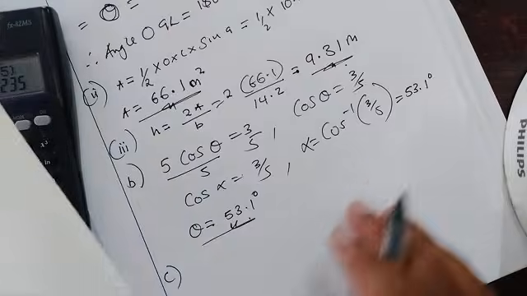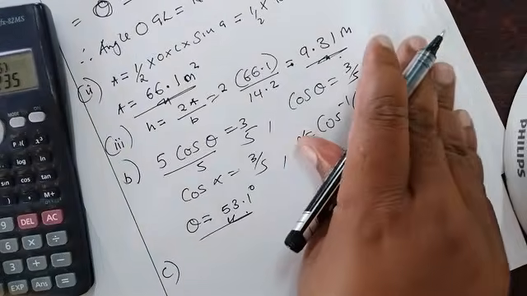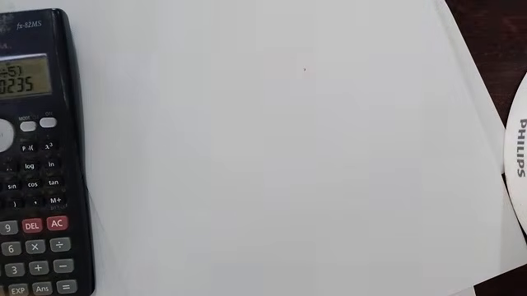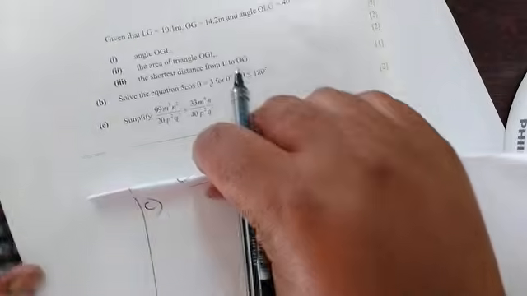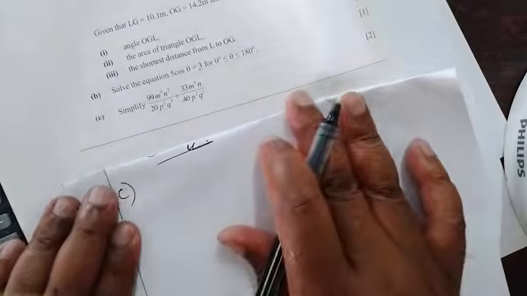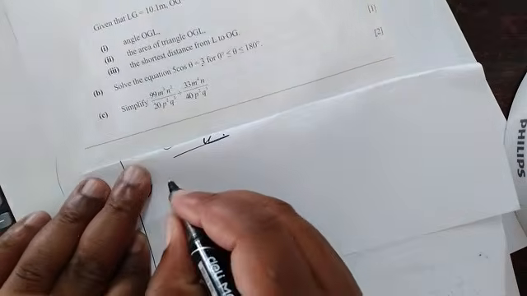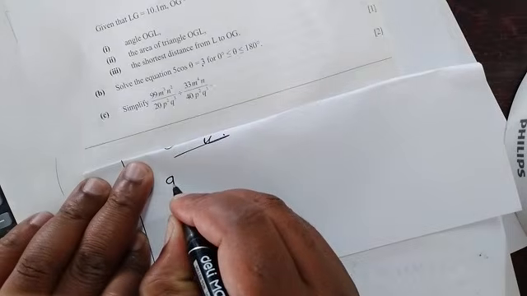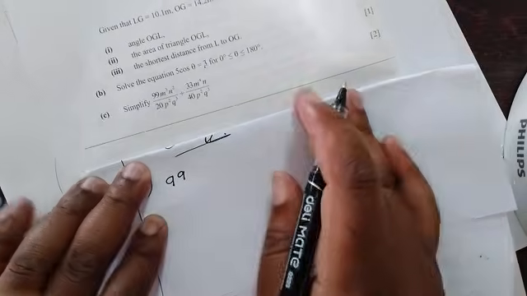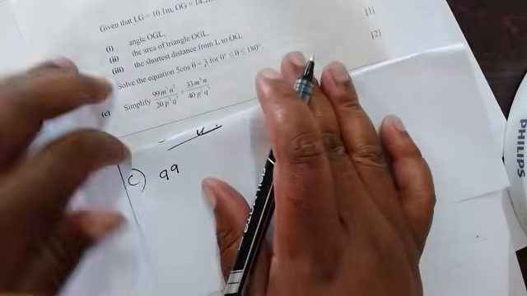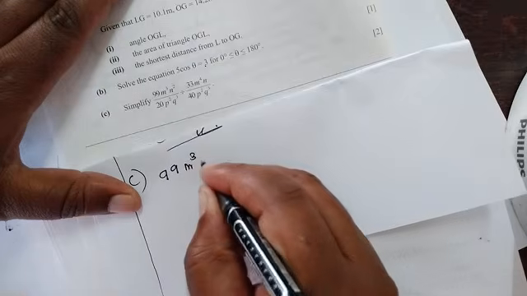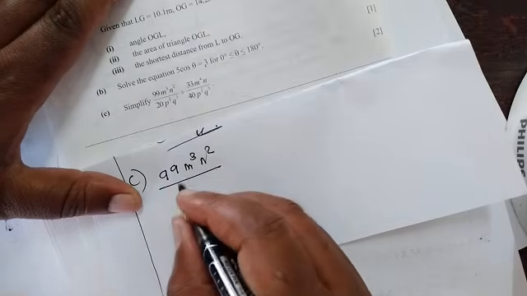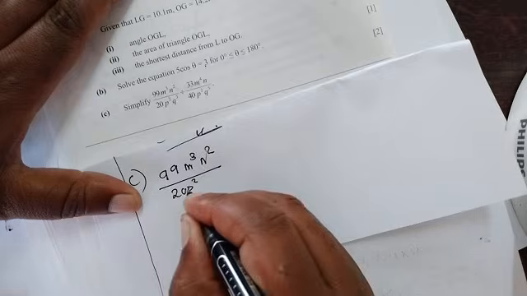What are we simplifying? Nine... m to the power 3 n squared over 20p squared q to the power 3.